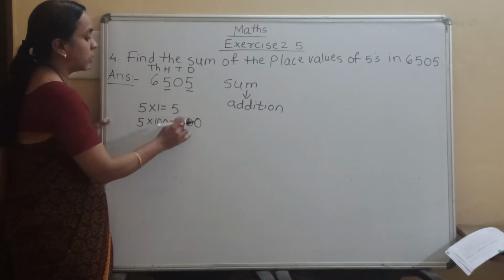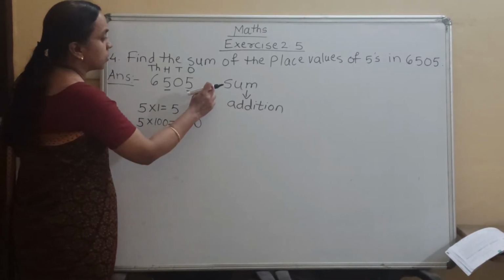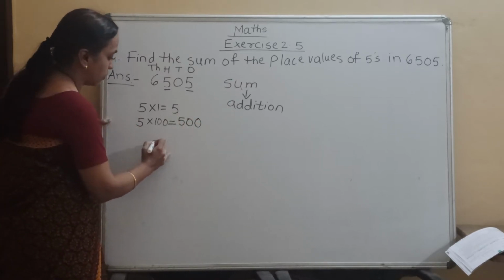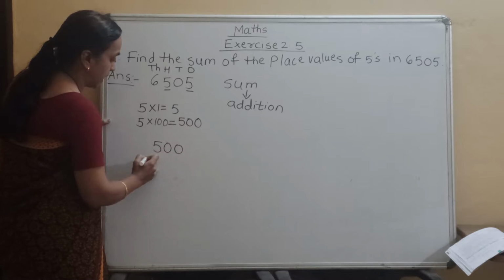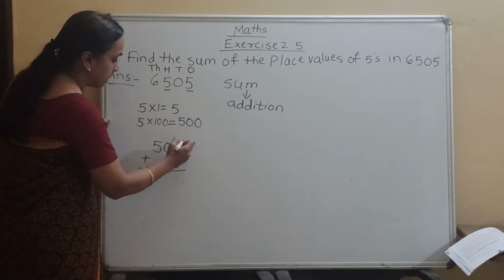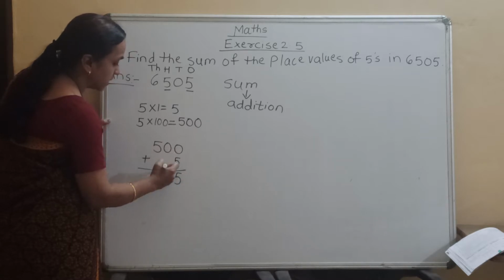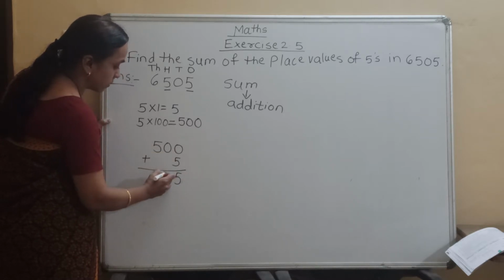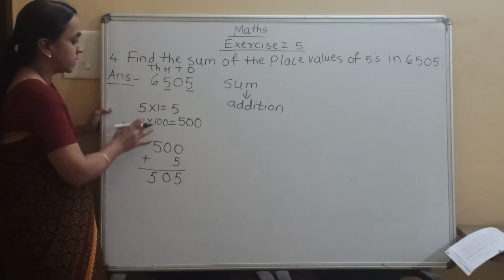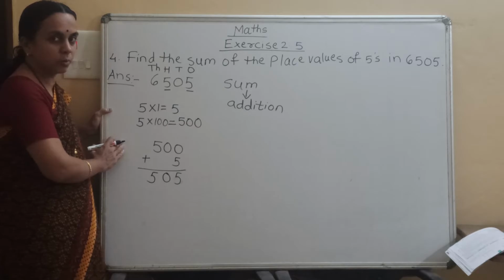Okay, so everything is ready here. So what we have to do? We have to do addition. So just do 500 plus this 5. 5 plus 0, 5. This 0 as it is. This 5 as it is. So what is our answer? 505. So everything you write down in your notebook.